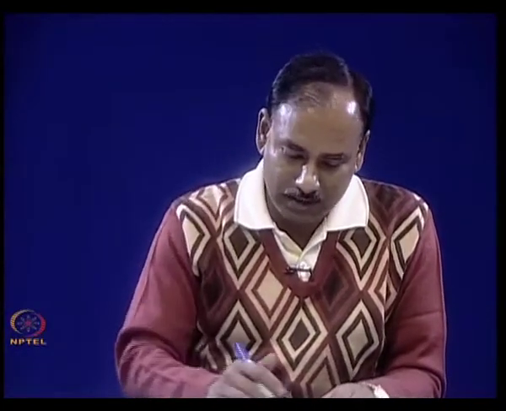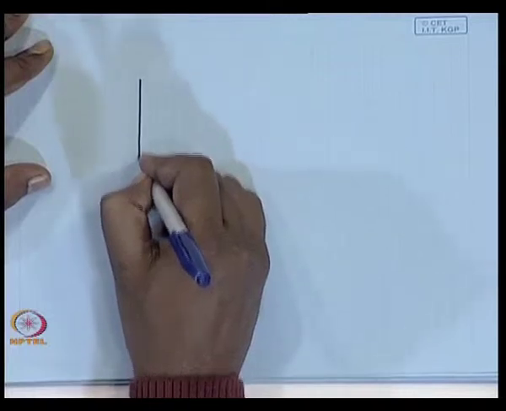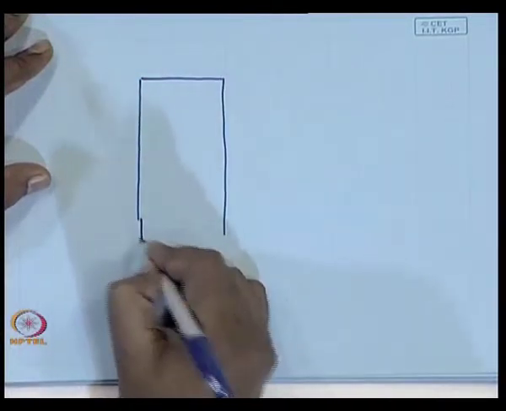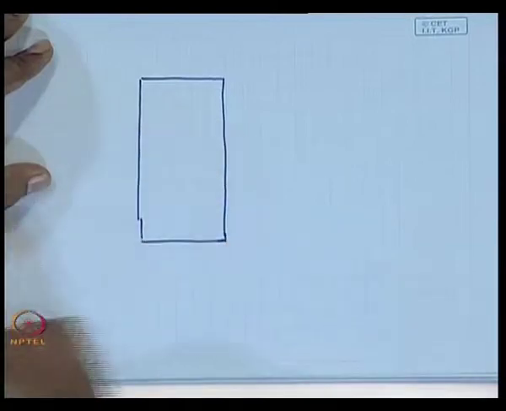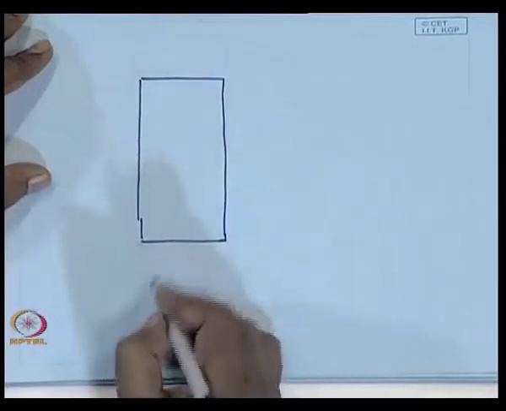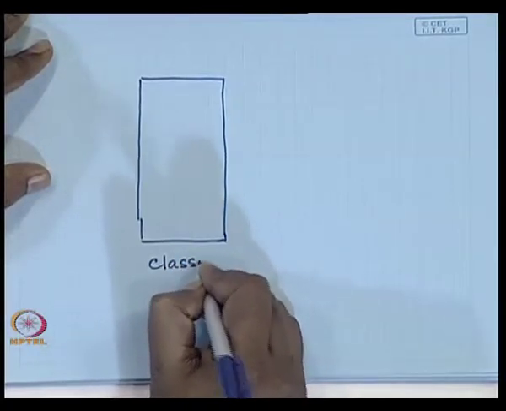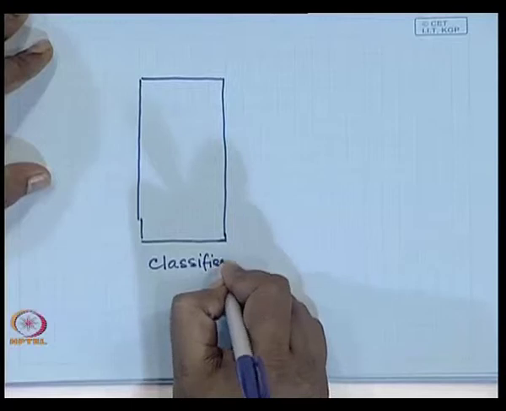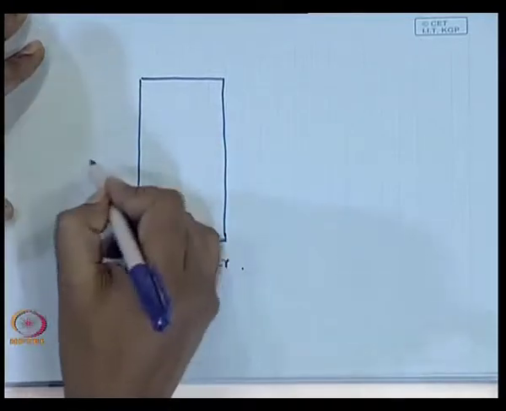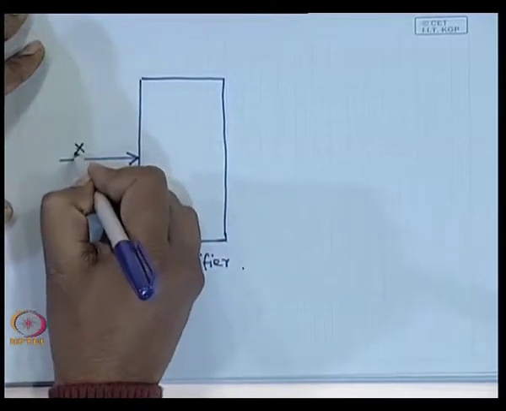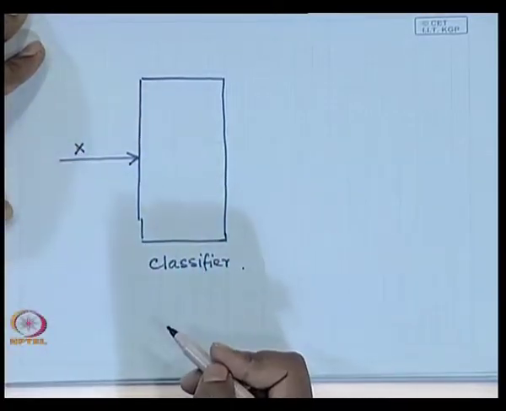So, when I have this C class classifier, I can put it something like this. Let us assume that it is a black box. This is my classifier block. Input, I have an observation vector or feature vector x of dimension d.